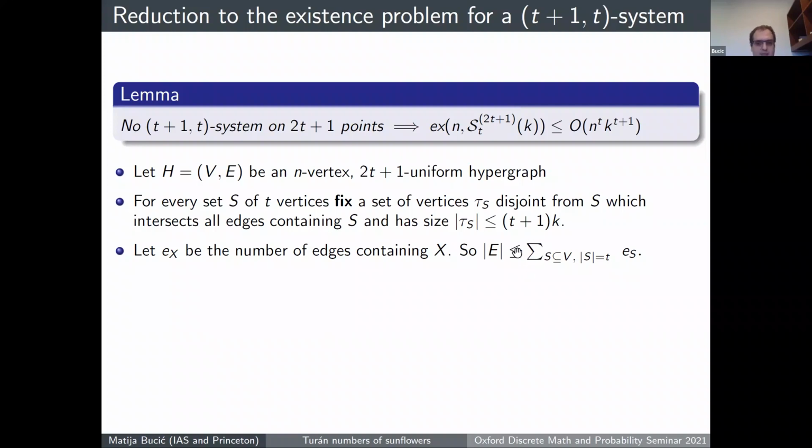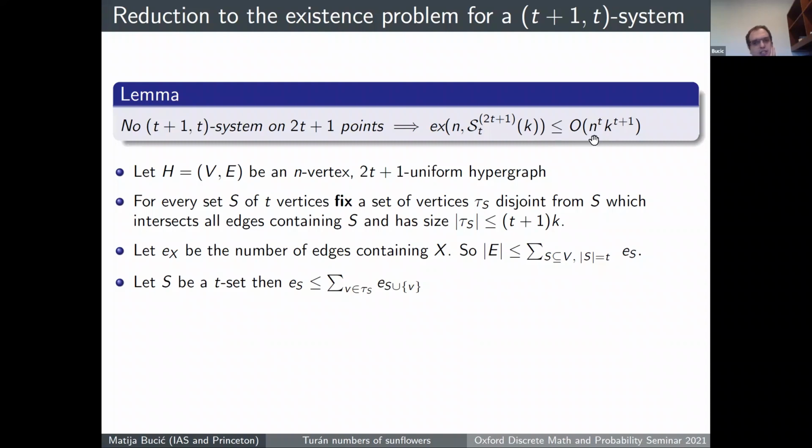This is possibly not such a bad thing, but it will actually be important that in this sum, each edge is counted multiple times, so that we can modify these E of S to not count all of the edges which contain S, but in some sense we choose for every edge for which S it's going to be counted. But for now, this is just a trivial inequality, and it doesn't really give us anything on its own, but with an extra step, it will give us a slight improvement over the trivial bound.